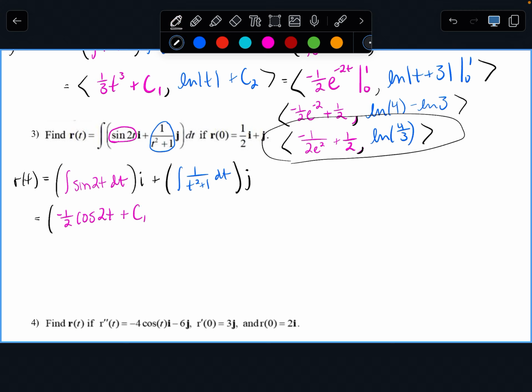And again, the reason we're doing that is because we don't have bounds, right? You guys know that integral? 1 over... inverse tangent, yeah. Inverse tangent, yep. Good job. And then plus c sub 2.